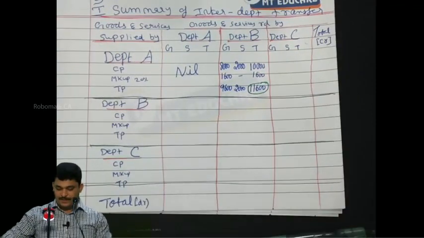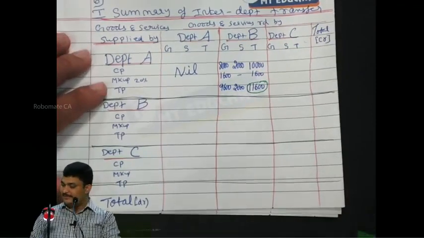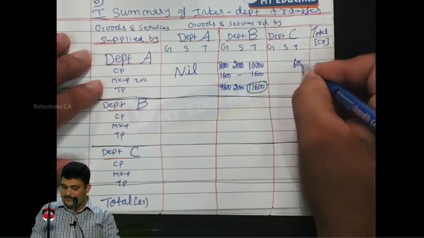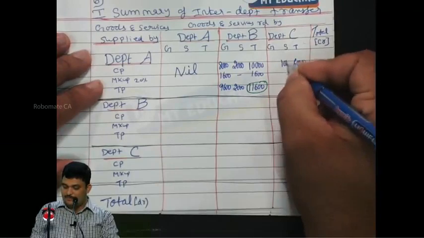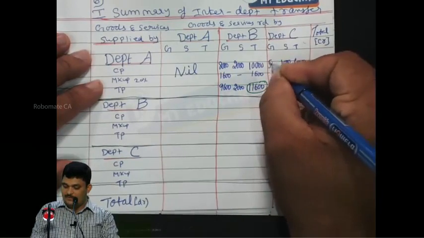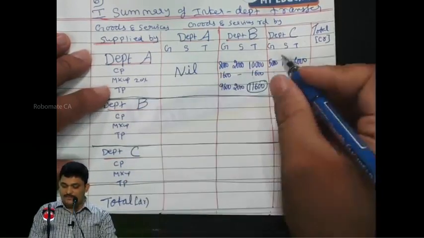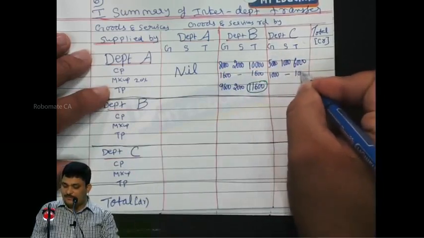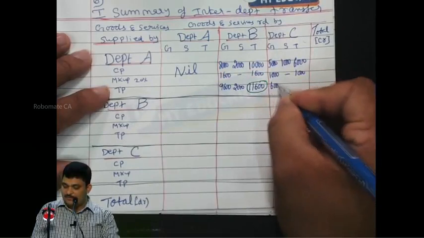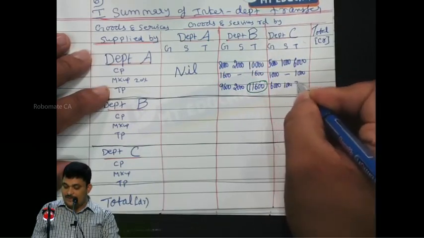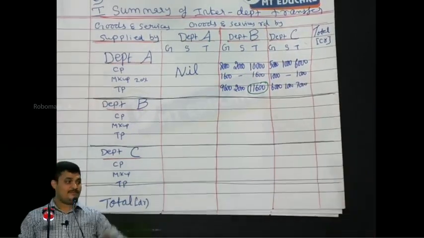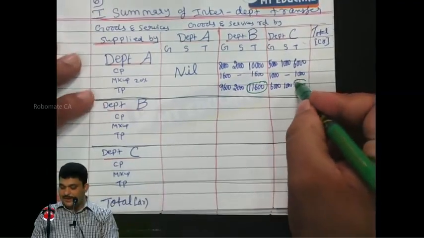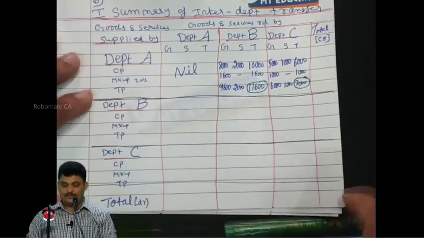Understood? Now A to C. 6,000, less 1,000, 5,000. Now there is a margin of 20%, 1,000. So 6,000, plus service 1,000. So we find total transfer made by A to C is 7,000.